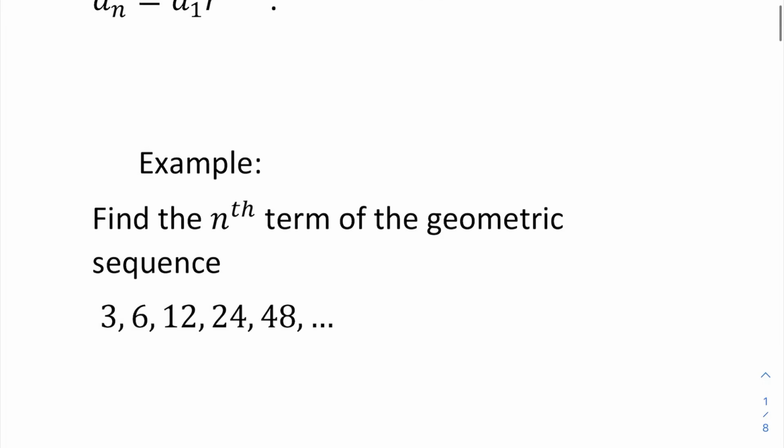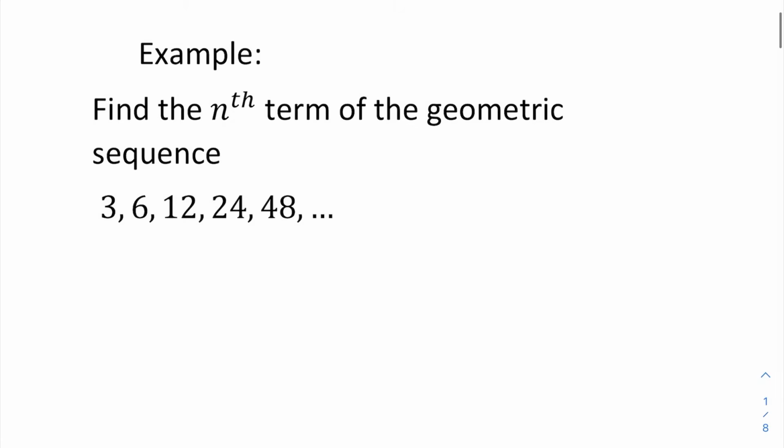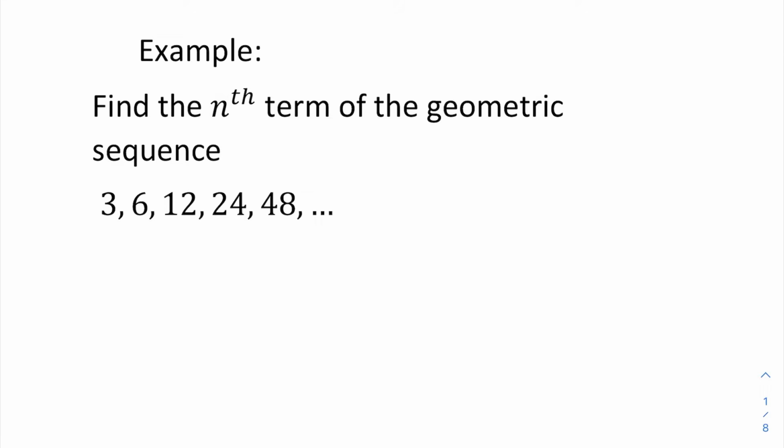So here's an example where they're asking us to find the nth term. It says find the nth term of this geometric sequence. And from what we just learned, the general term, or the nth term, is equal to the first term times the common ratio to the power of n minus 1. So we need to know what the first term is.